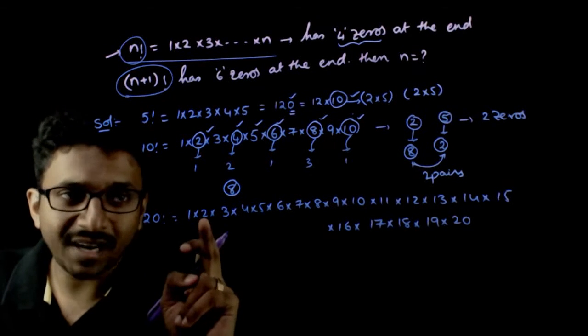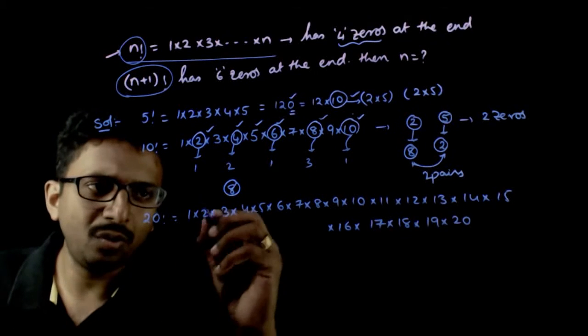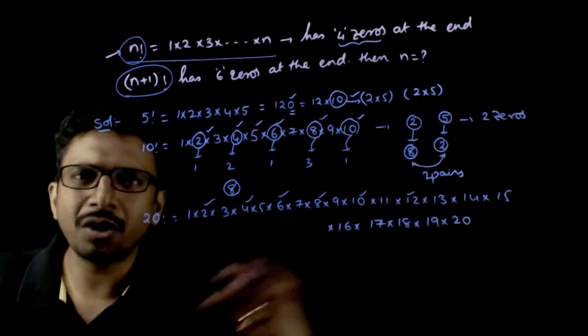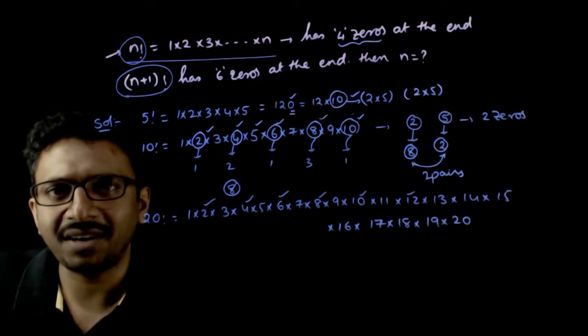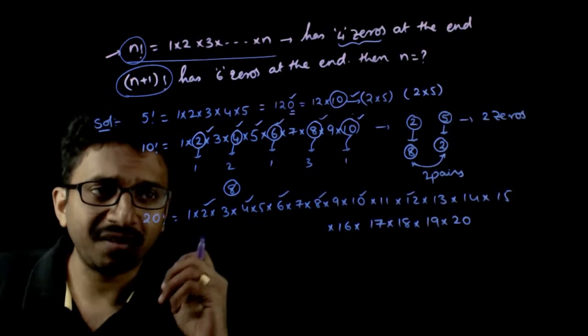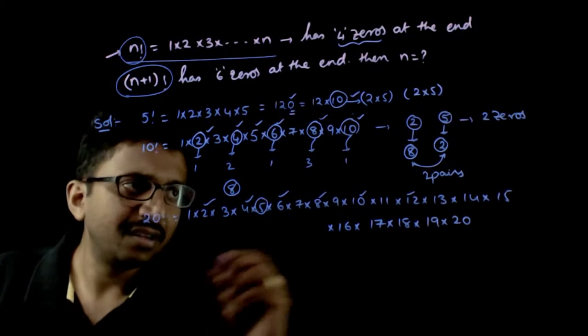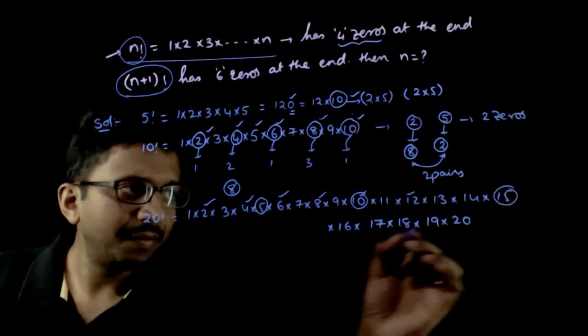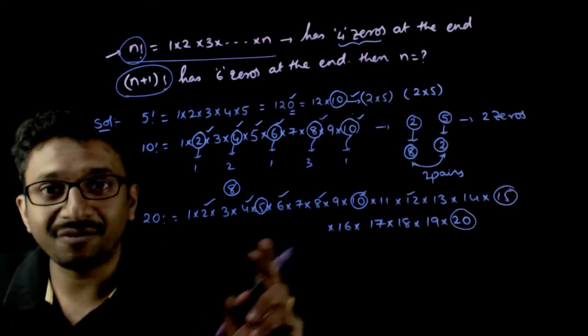Now if you take 2's, you have a lot of 2's. You have a 2 here, here, here, here, here. So 2's are not the deciding factors to get pairings. So let me count the number of 5's. You have a 5 here, you have a 5 in 10, you have a 5 in 15, you have a 5 in 20. You have 4 5's.